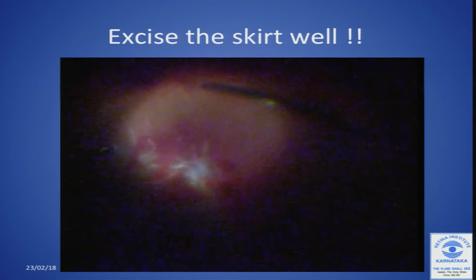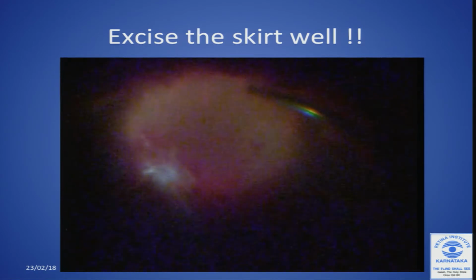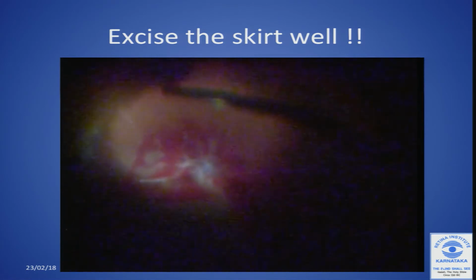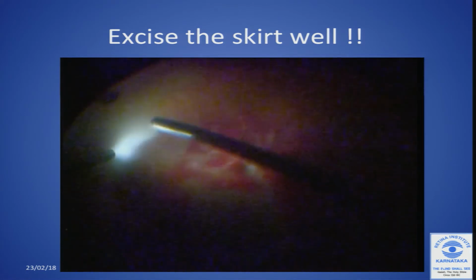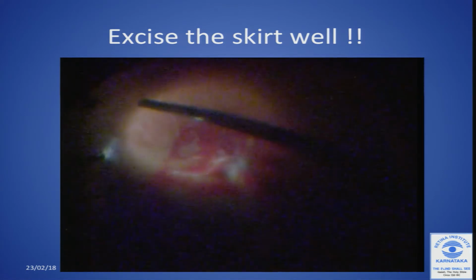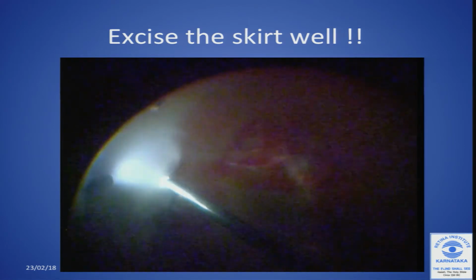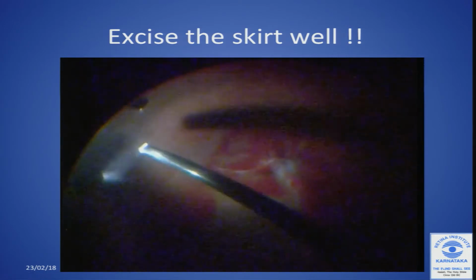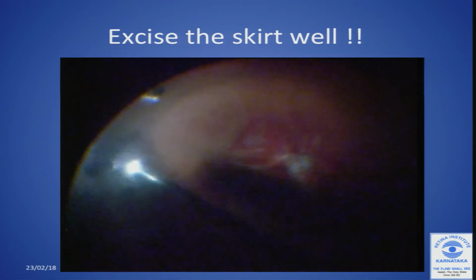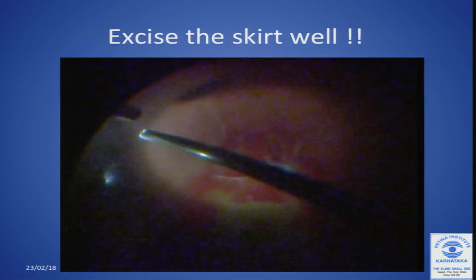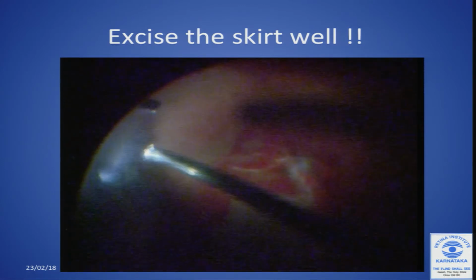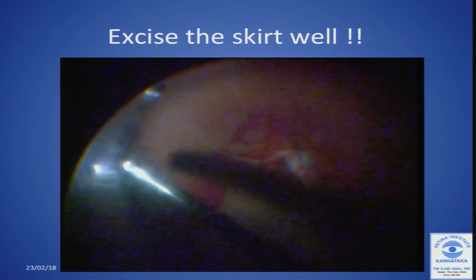Now, this point, Giridhar has already highlighted that in a patient with a dense intragel hemorrhage, I make sure that I do a very good skirt excision, because as Giridhar said, this is one of the important factors for causing a hazy view in the immediate post-op period. In fact, in a patient with dense vitreous hemorrhage, you can see that the blood just leaches out of this blood-stained gel.